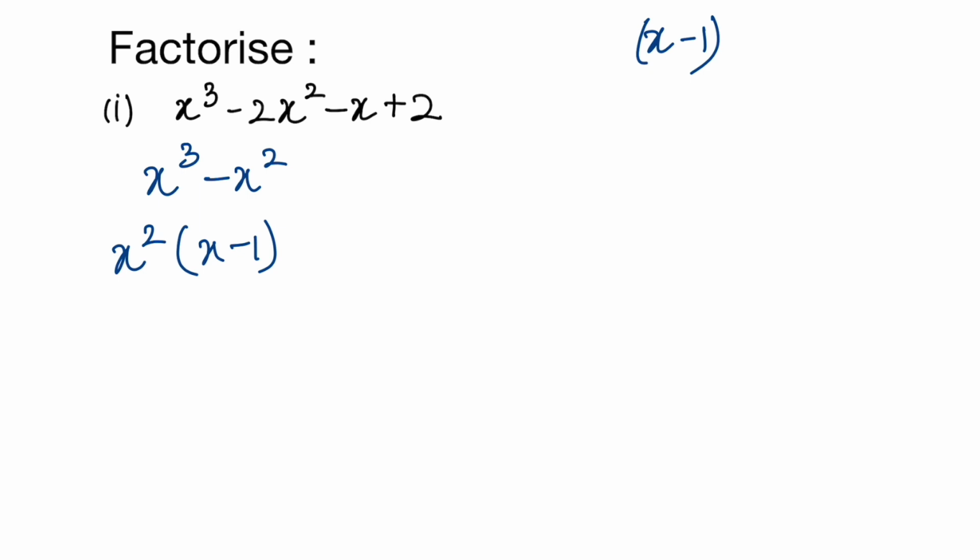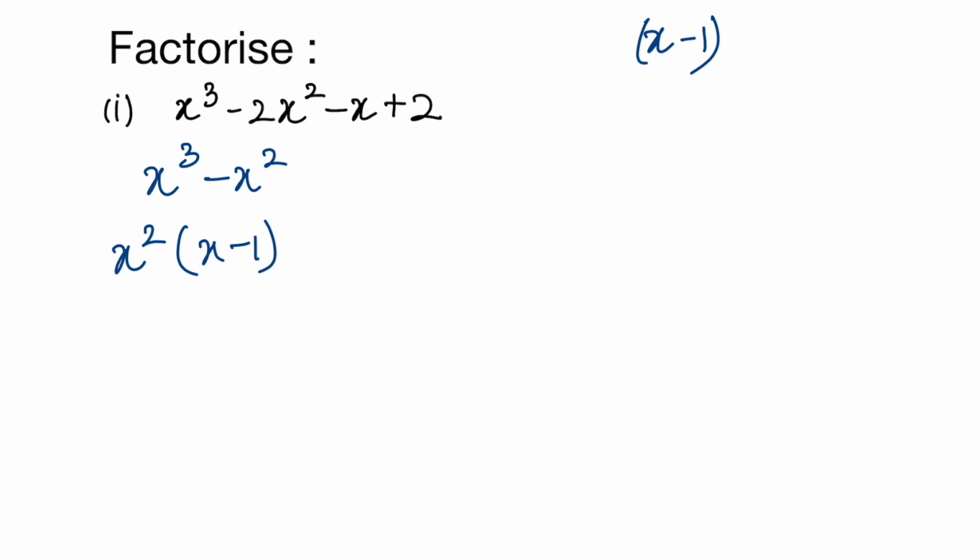We need x minus 1 from the first 2 terms, because that is how you can take it as a common factor, right? All terms must have x minus 1. That is how you can take x minus 1 as a common factor, and we want x minus 1 from the first 2 terms. So for this to become x minus 1, we need to take x square out, and that should become x minus 1.